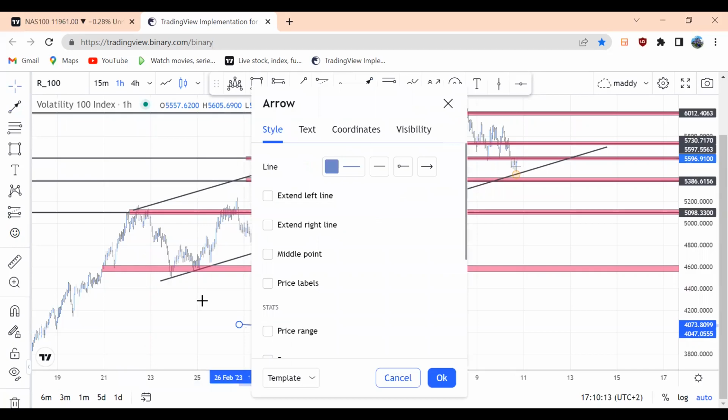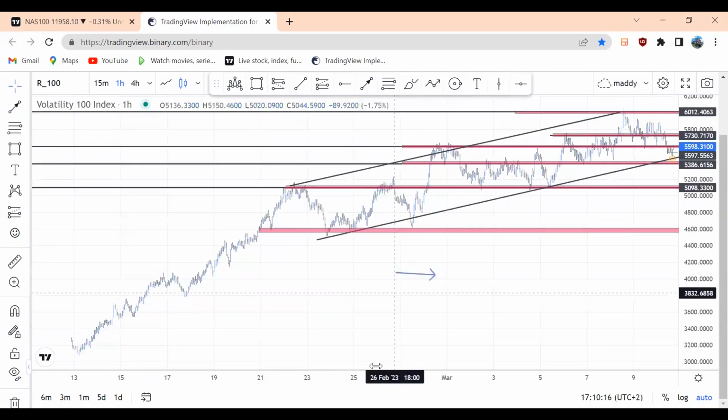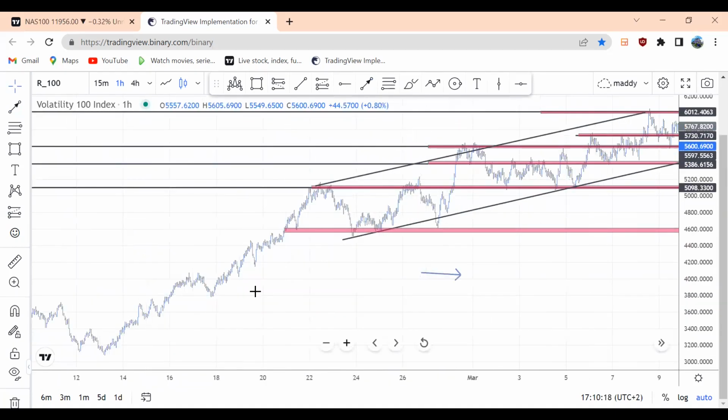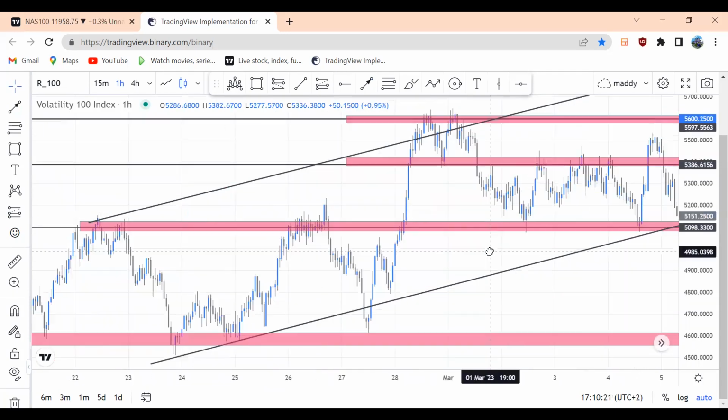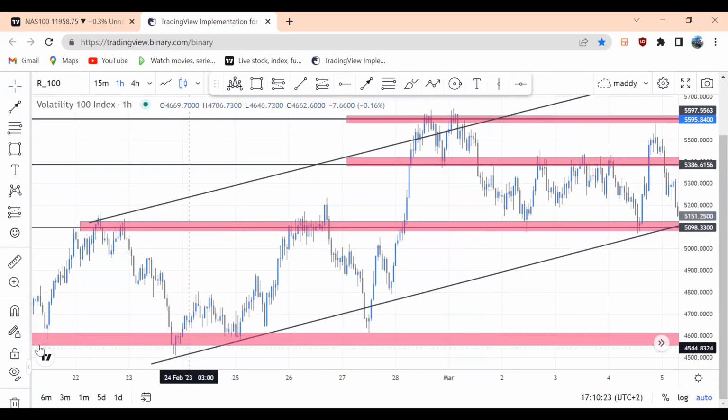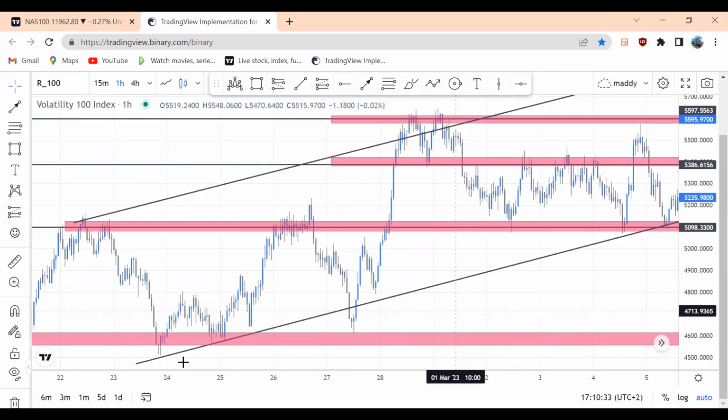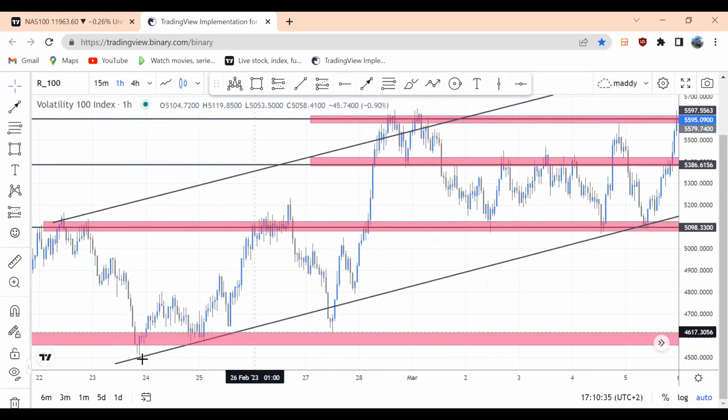I want you to see something here. We know that when the market created this touch, and then created this support level, we hadn't had this candlestick or this trend line.